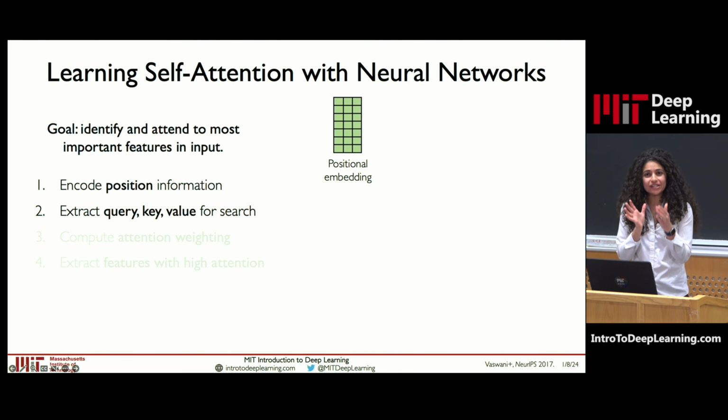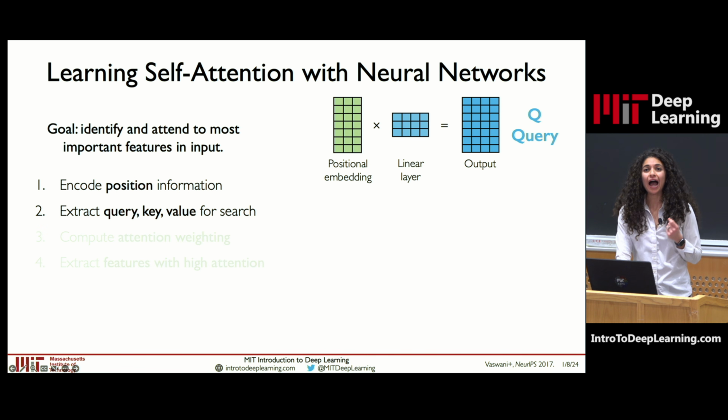Now, we take that positional embedding and compute a way of getting that query, that key, and that value for our search operation. Remember, our task here is to pull out what in that input is relevant to our search. How we do this is the message of this class overall: by learning neural network layers.